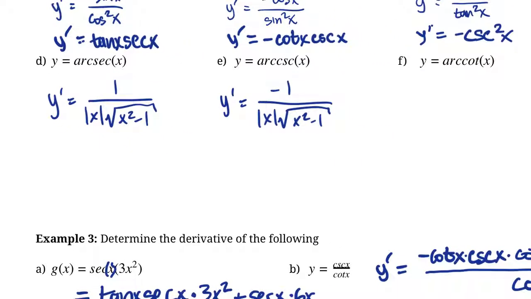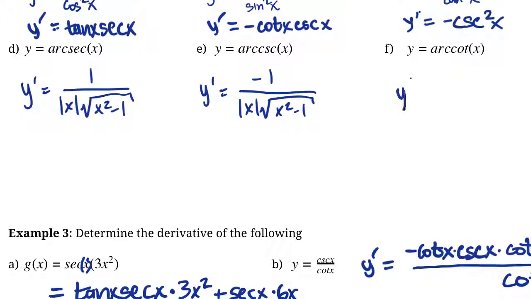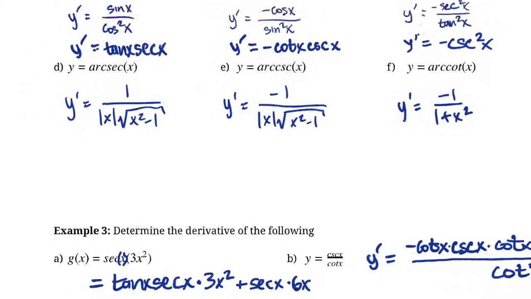And arc cotangent is a little bit different, and the derivative of that is negative 1 over 1 plus x squared. So these actually look very similar. They should sort of trigger your memory here.